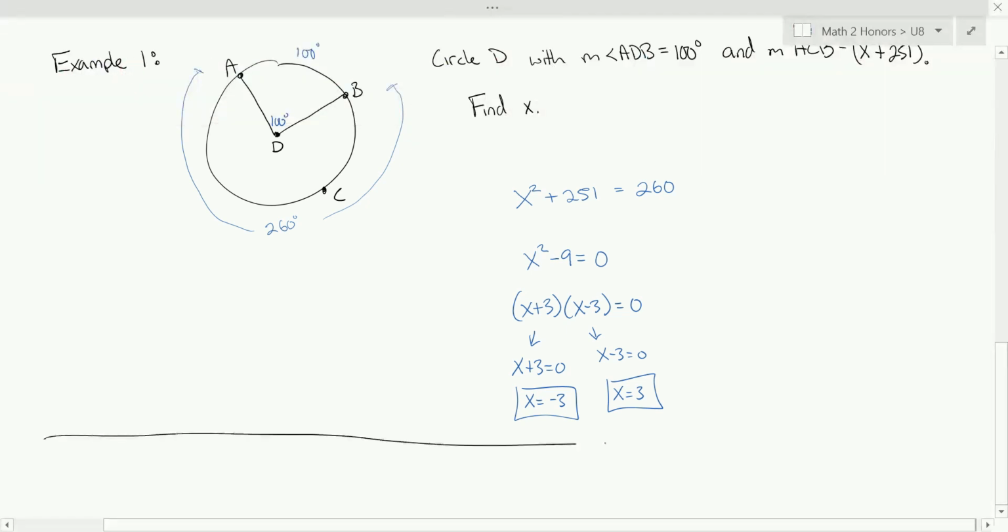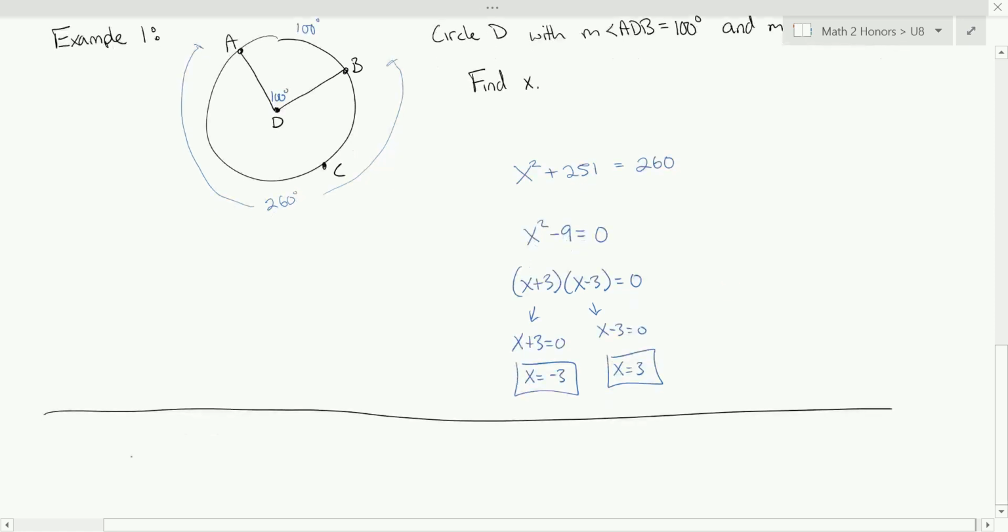All right. Let me go back to defining some things for you. So a segment with both endpoints on the circle is called a chord.